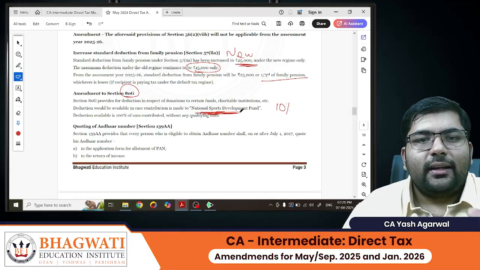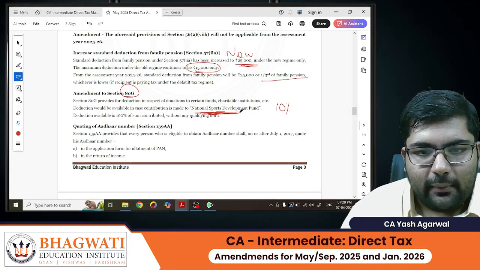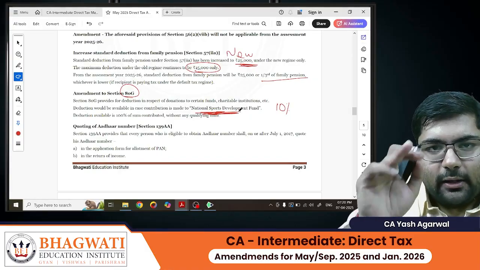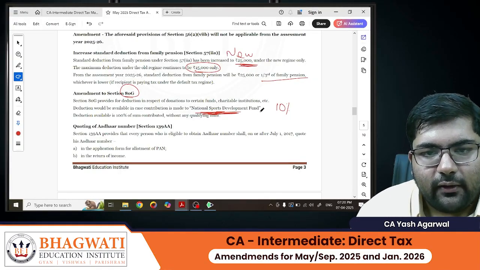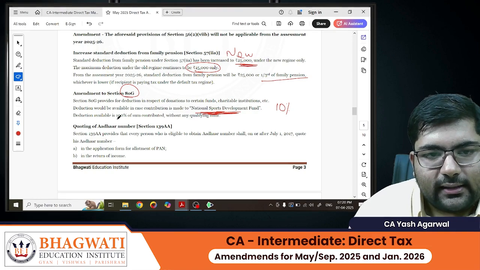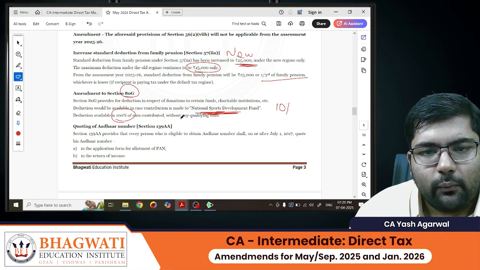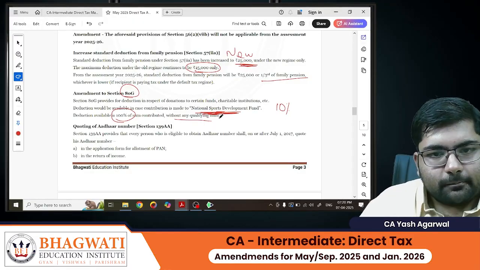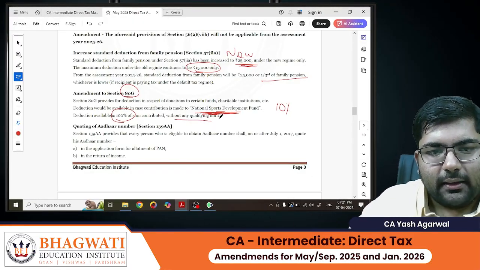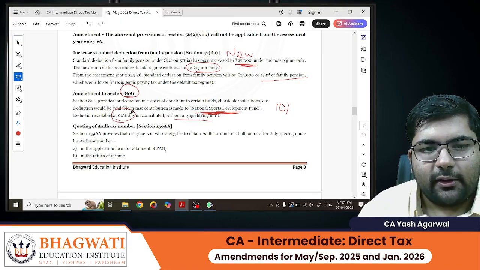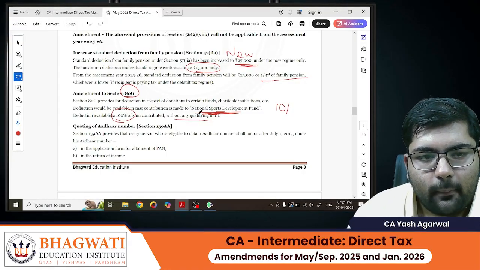But now, since it's an amendment, please remember that for a contribution to National Sports Development Fund, the deduction available to the assessee is 100% of the sum contributed without any qualifying limit. If you remember the four categories under section 80G, this would be the first one, the A category, where you have 100% deduction without a limit.